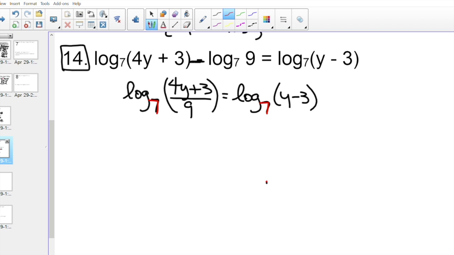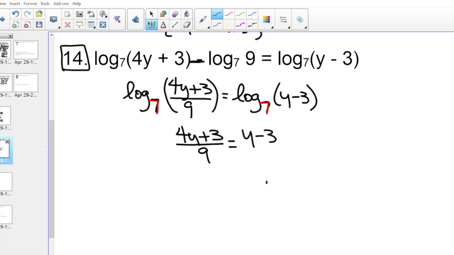Well, let's continue on. So if you have (4y plus 3) over 9 equals this, what you're doing next is just literally drop the logs, even though it's base 7. So the (4y plus 3) over 9 is equal to y minus 3.